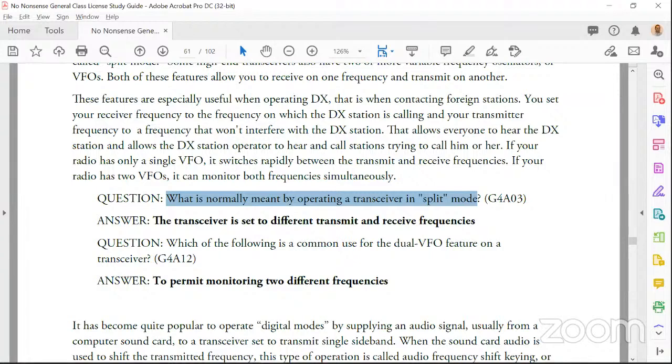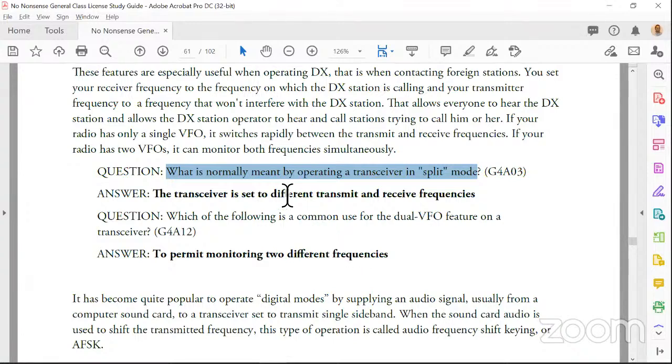It means that the transceiver is set to different transmit and receive frequencies. Normally on HF you would be operating on the same frequency for transmit and receive. However, split mode is actually using a different transmit and a different receive. Remember we said something like 5 up?